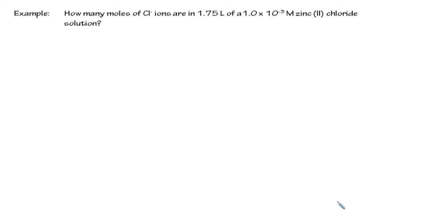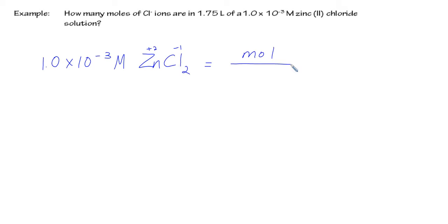Let's start with the molarity. 1.0 times 10 to the negative third molar. Zinc is +2. Chlorine is -1. I need 2 chlorines. Molarity is moles per liter. I have 1.75 liters. Well, that's not so bad.